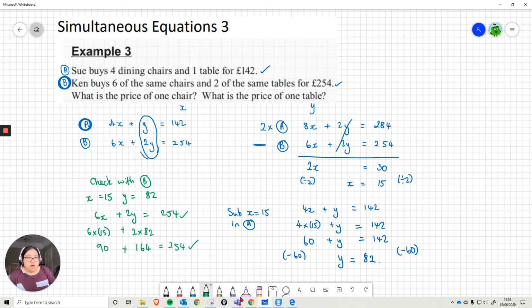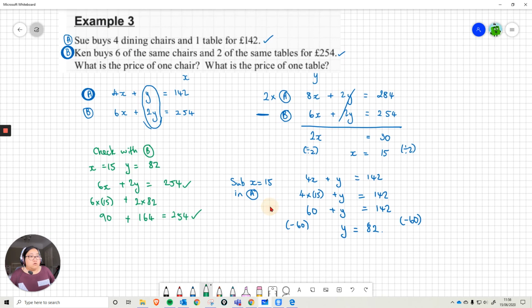So these both match, which means they're correct. Therefore, the cost of a chair, which is my x, remember, is £15, and the cost of a table is £82.